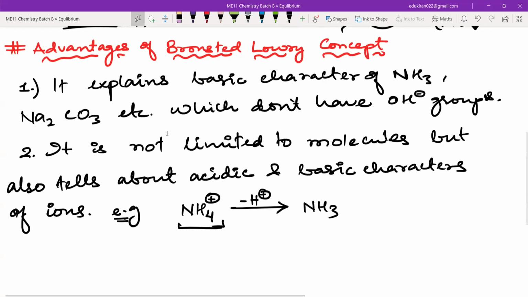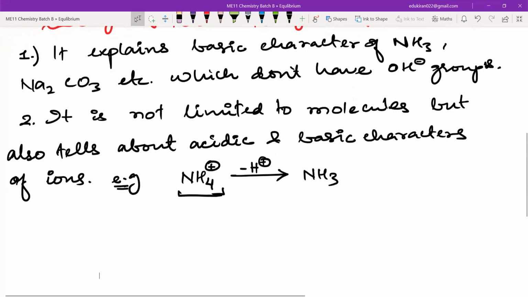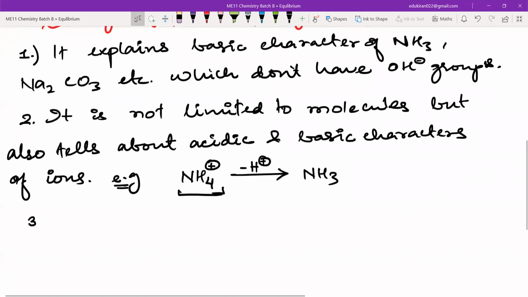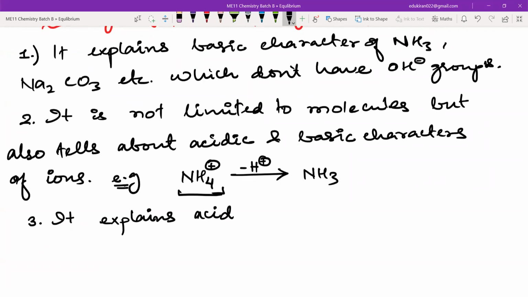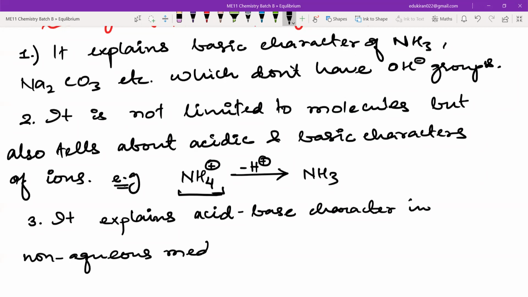The third point: it explains acid-base character in non-aqueous medium too.